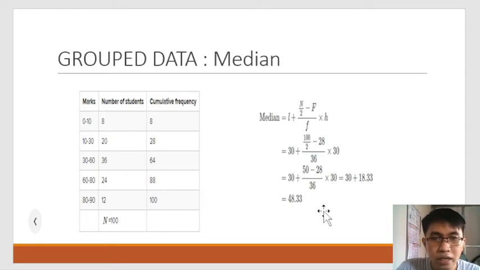Okay. Ngayon po, ang analysis po natin dito ay bakit yung median ay 48.33, hindi siya nakagitna doon sa 30 to 60 at parang siya ay mas malapit doon sa 60, yung upper limit noong median class. Ang reason po dito is pag tiningnan po natin yung frequency o yung answers doon ng mga respondents, makikita po natin na yung upper class, itong 24 at 12, yan po ay 36.